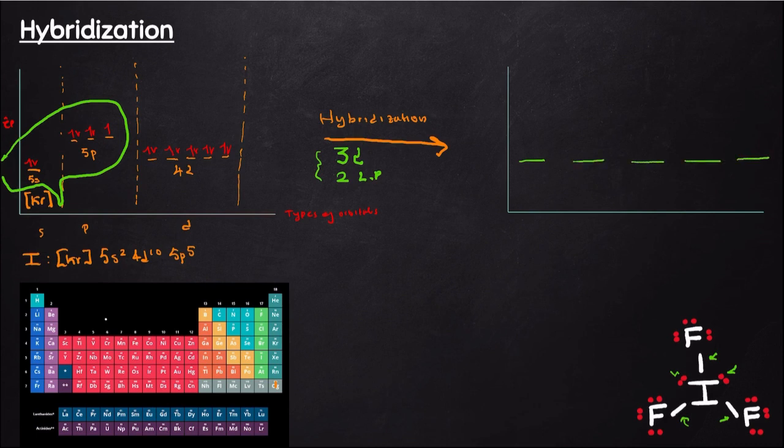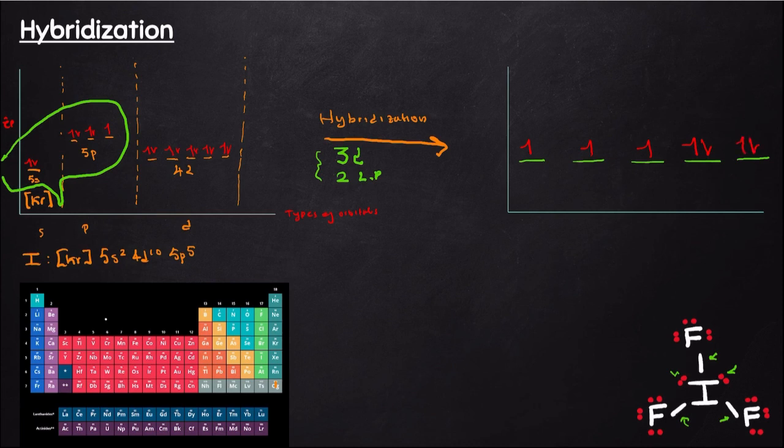And now we take out a red pen yet again, and we draw in our electrons. Sigma bonds will have 1 electron, so we draw 1 electron like this, 1 electron like this, and 1 electron like this, because we have 3 sigma bonds. And then we have 2 lone pairs, 1, 2, and lone pairs are always in pairs, so we have 2 electrons in each orbital, 1, 2 again.